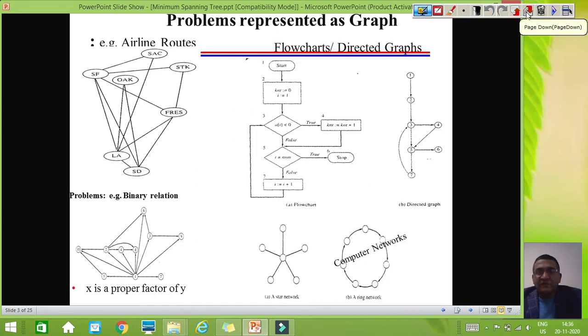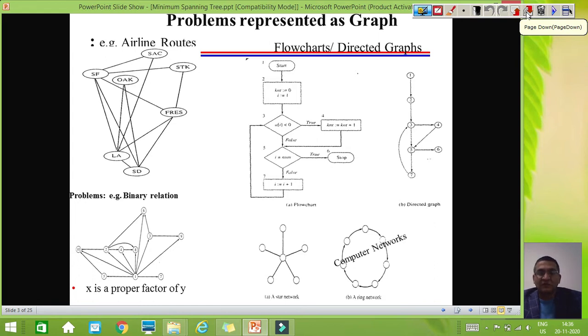So graph is something that we frequently use to represent our problem. Whenever any problem is given to us, we always try to make a graphical representation of it. Like we used to show the flow of the program by using a flow chart. We use graphs to represent a topology, like a star network or a ring network.